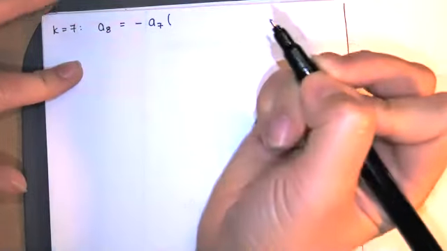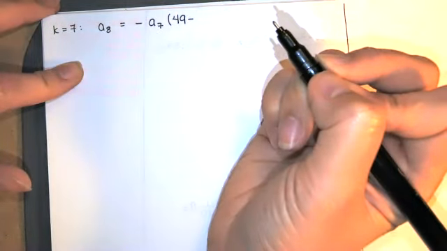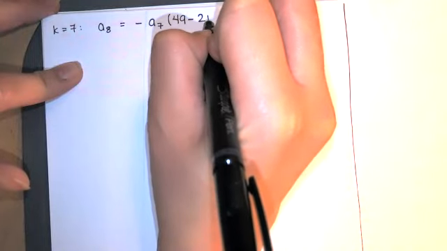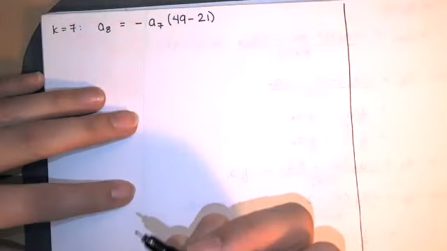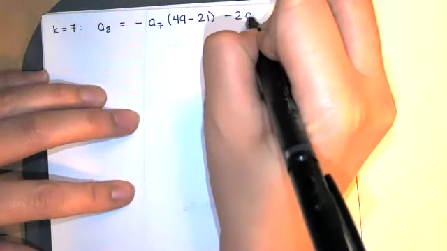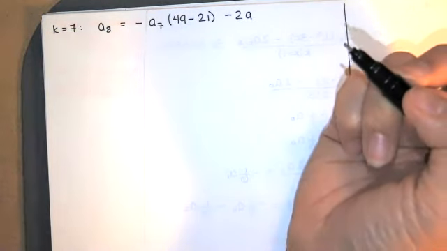Now we want k equals 7. And the formula was a sub k plus 1. So we'll have a sub 8 here equals negative a sub k, which is 7, times 7 squared, which is 49, minus 3 times k, which is 7. So minus 3 times 7, which is 21, minus 2 times a sub k minus 2.